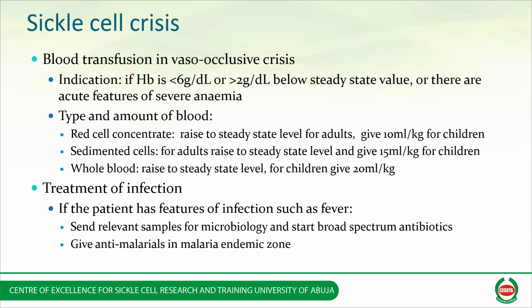And when we are using whole blood, we should also use diuretics like Lasix, pre and post transfusion to reduce circulatory overload. Treatment of infection. If the patient has features of infection such as fever, send relevant samples for microbiology and start broad spectrum antibiotics. Give antimalarials in malaria endemic zones.